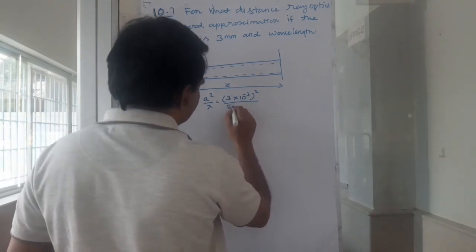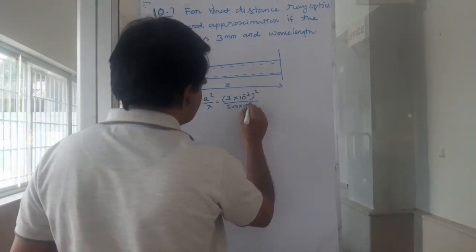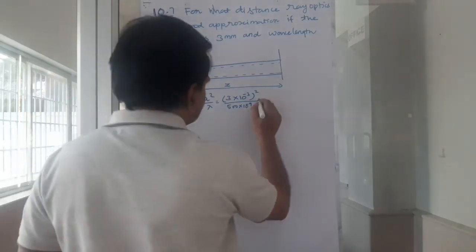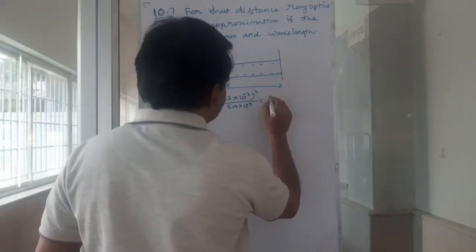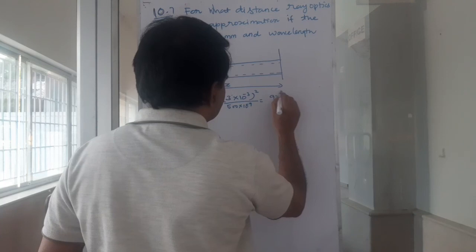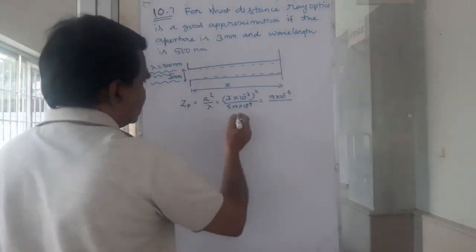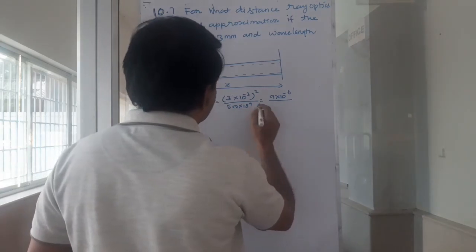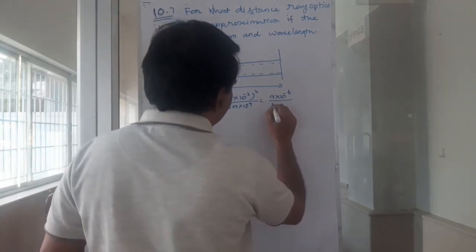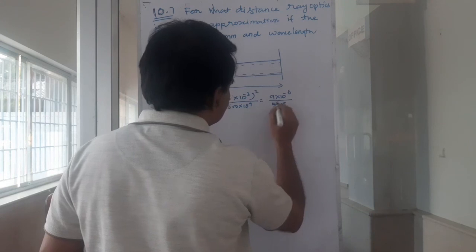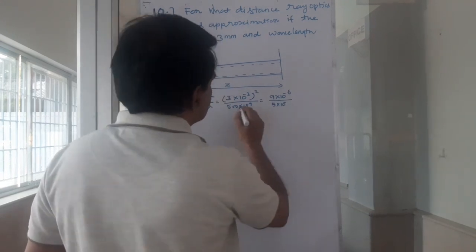So 500 times 10 power minus 9, so we can write 5 times 10 power minus 7. So you get 9 times 10 power minus 6 divided by 5 times 10 power minus 7.